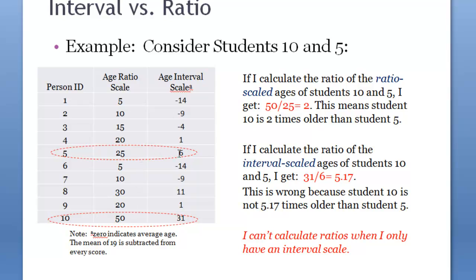But this calculation is not valid on an interval scale because all these values are subtractions of the average. So with 6 and 3, this person is not 5 times older, right? So on a ratio scale, you can have ratio, but on an interval scale, don't think about the ratio because it's not going to be valid. So don't be confused. That's very important.